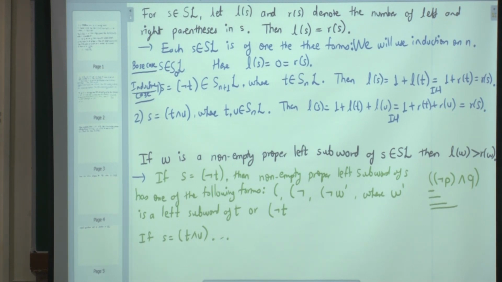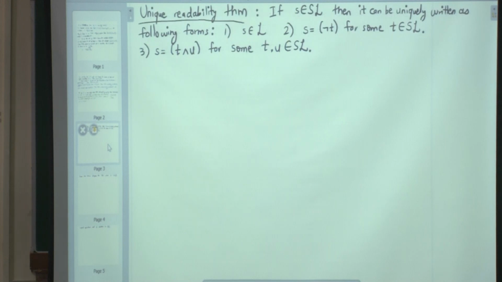However, we need this result. The result is interesting, but the proof is boring. That's what I am saying. We need this result to prove the unique readability theorem. So, we know that every single formula can be written as one of the three forms.